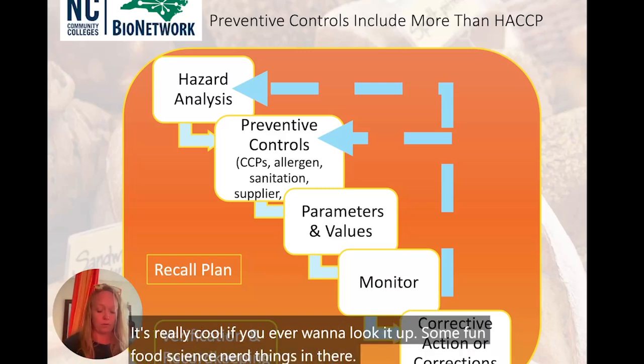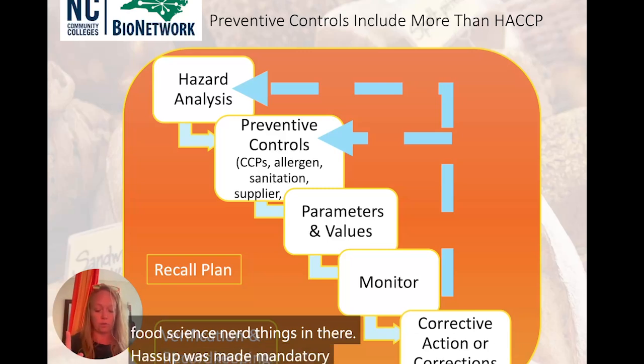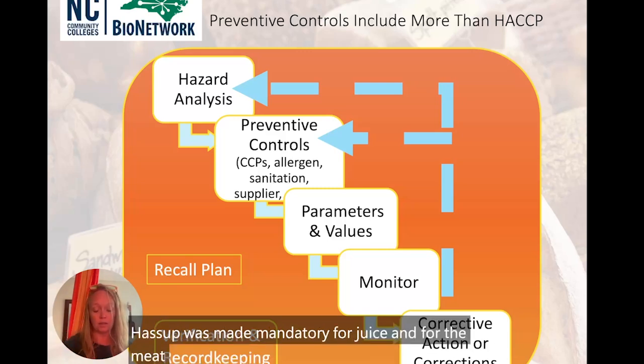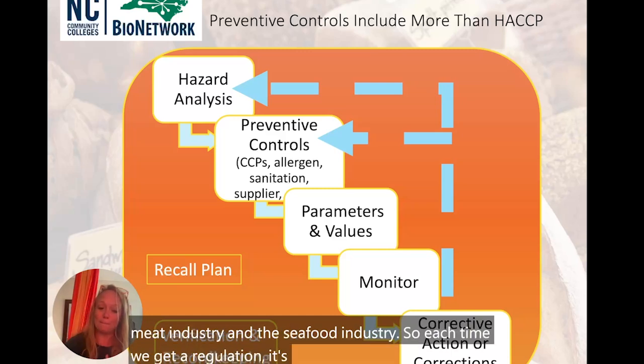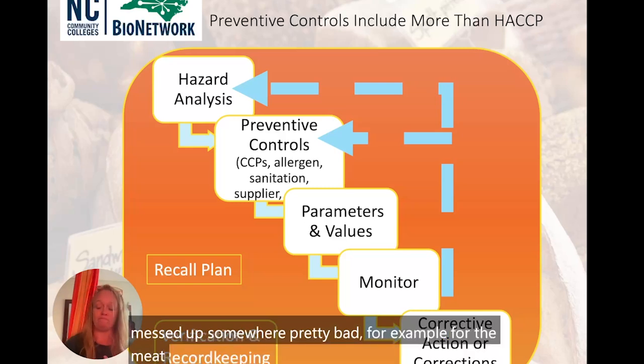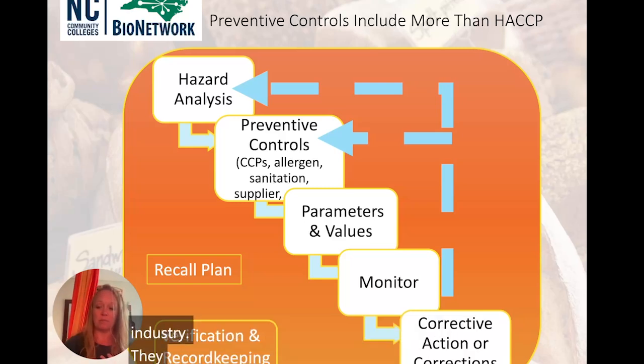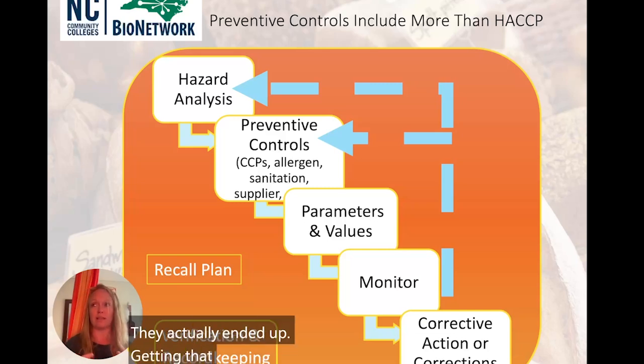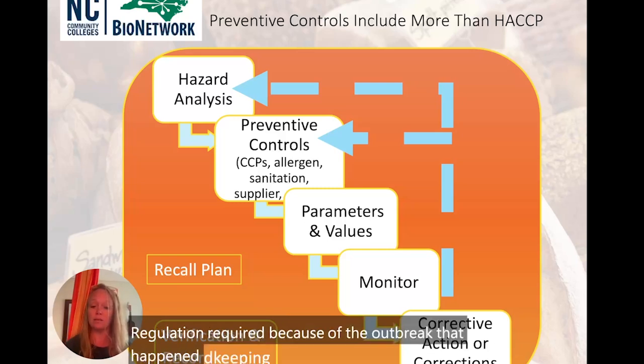HACCP was made mandatory for juice and for the meat industry and the seafood industry. So each time we get a regulation, it's usually because somebody messed up somewhere pretty bad. For example, for the meat industry, they actually ended up getting that particular regulation required because of the outbreak that happened with Jack in the Box.